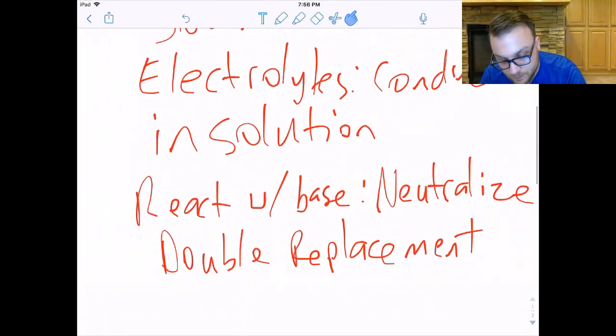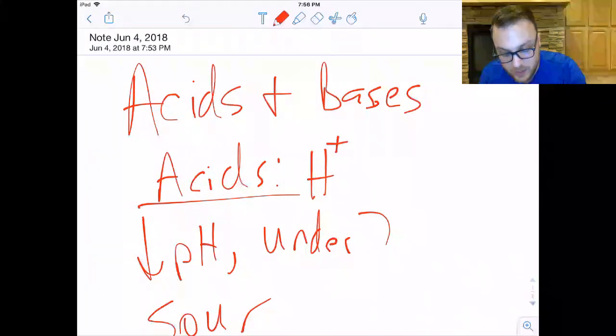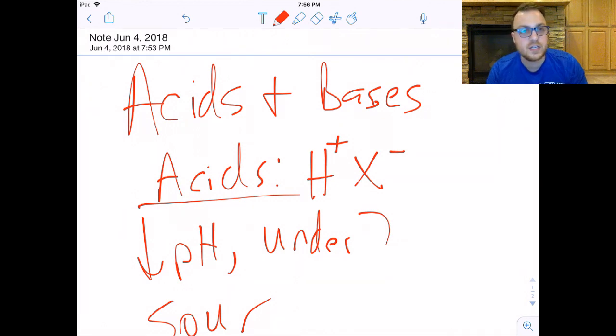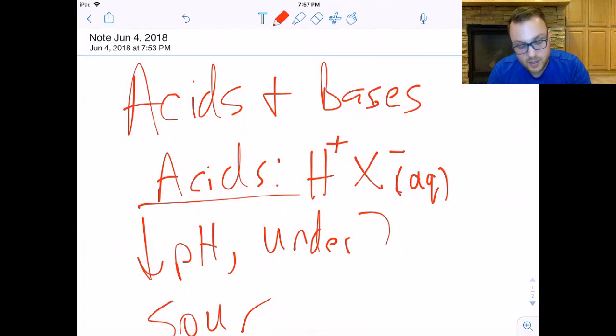Meaning, any acid, typically speaking, we define an acid as any H, which is a positive ion, with some negatively charged species, usually from group 17 or a couple things from table E. So, if you see H with some negatively charged ion, and you see this AQ next to it, we have an acid.